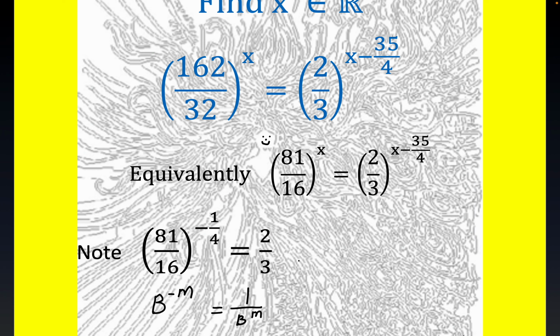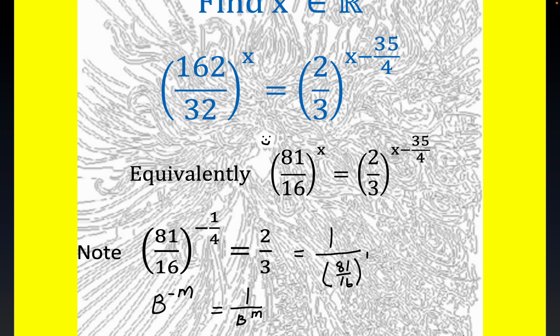Now, notice though that the 2/3 here would just be the same thing as 1 over 81/16 raised to the positive 1/4.